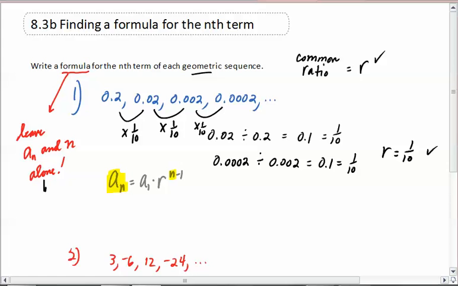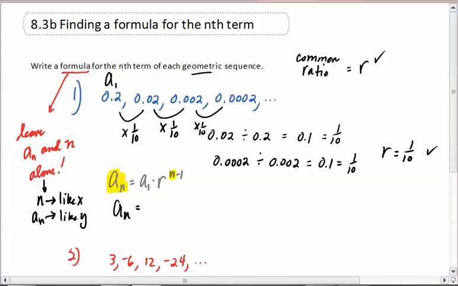The reason for that is n is like your x, and a sub n is like your y in a formula. It's an equation in two variables. Input is x, output y. Input is n, output is a sub n. So let's put in the numbers that we know. a sub n, I'm going to leave alone. What is a sub 1?